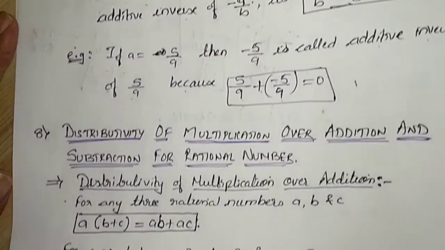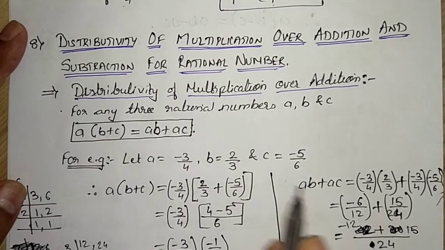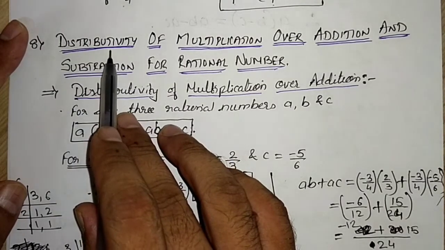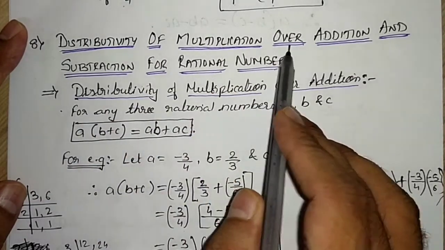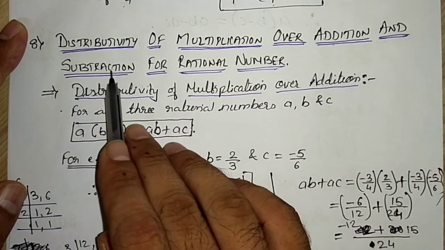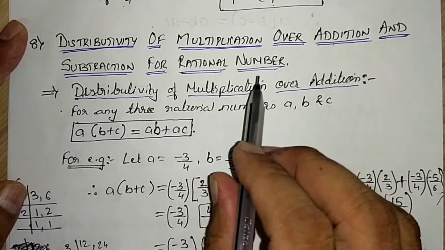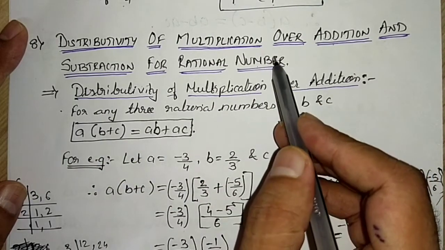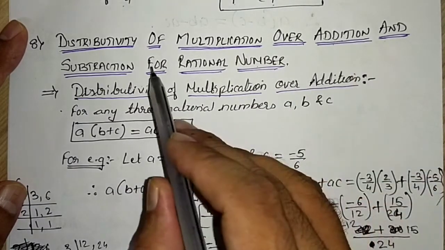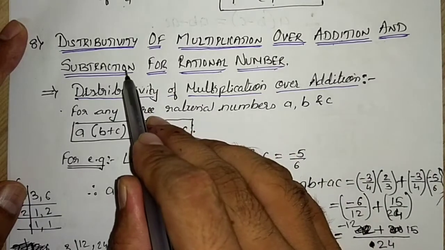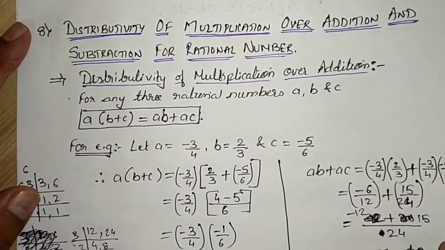Now let us move to the 8th number property. The property name is distributivity of multiplication over addition and subtraction for rational numbers. There are two properties here, multiplication over addition and multiplication over subtraction. Let me take each of them one by one.